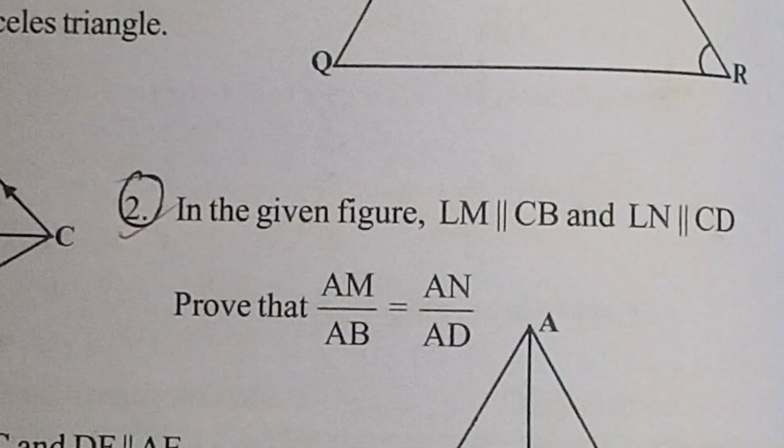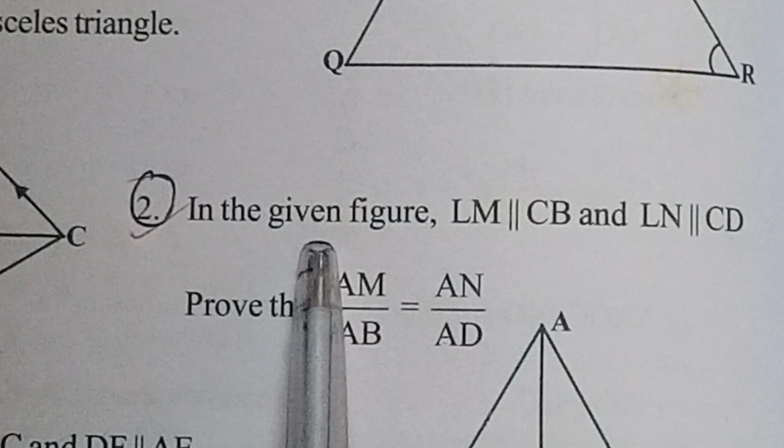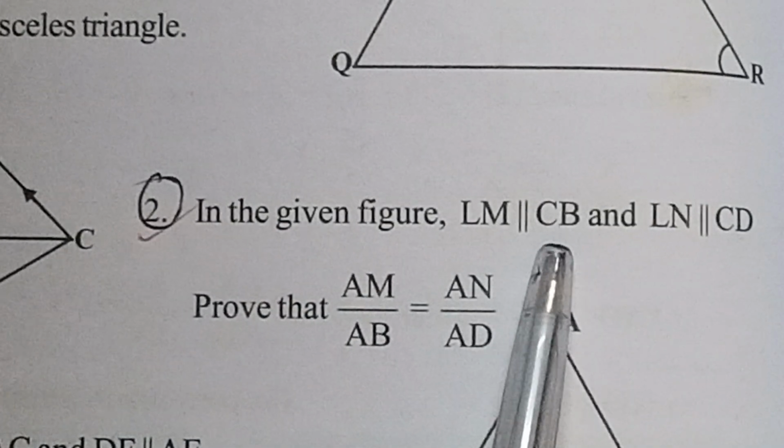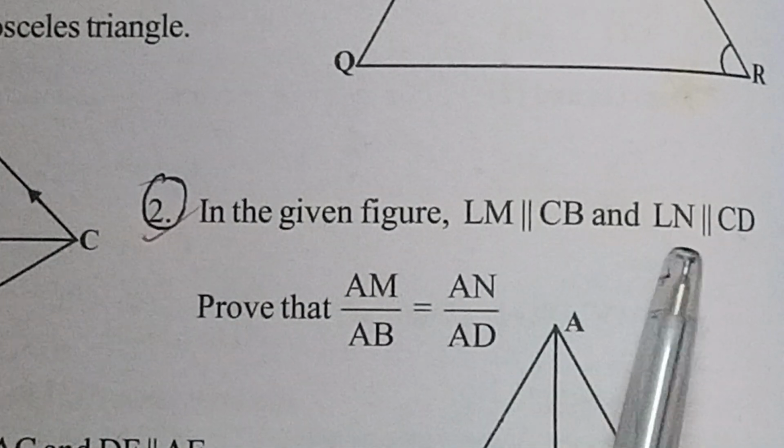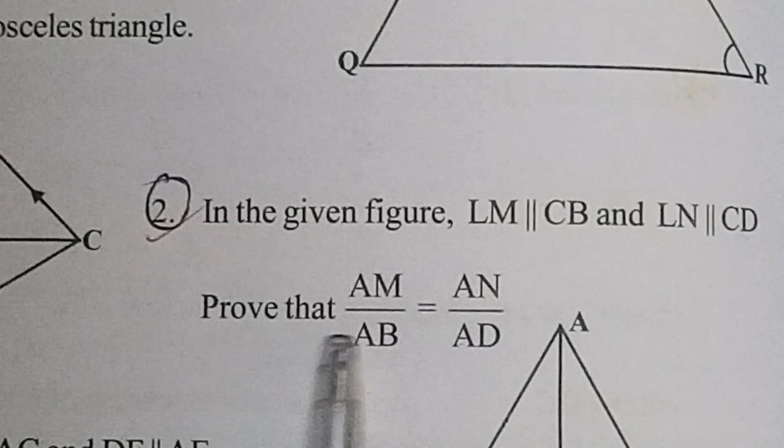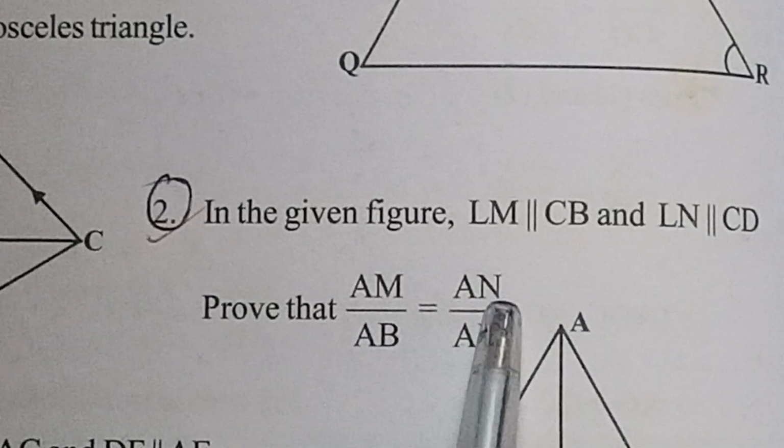Let's see what is given in the second one. In the given figure, LM is parallel to CB and LN is parallel to CD. Prove that AM by AB equals AN by AD.